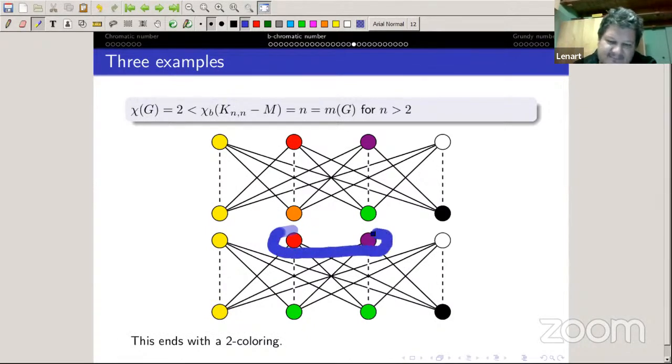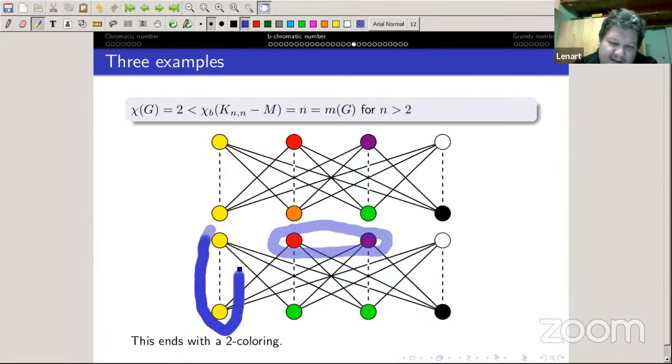Again, these 2 vertices will sooner or later receive the same color, and these yellow vertices will not have a B vertex because this one will not have a green color, and this one will not have the color of these 2 vertices. So everything will be merged together, and we end with 2 colors.